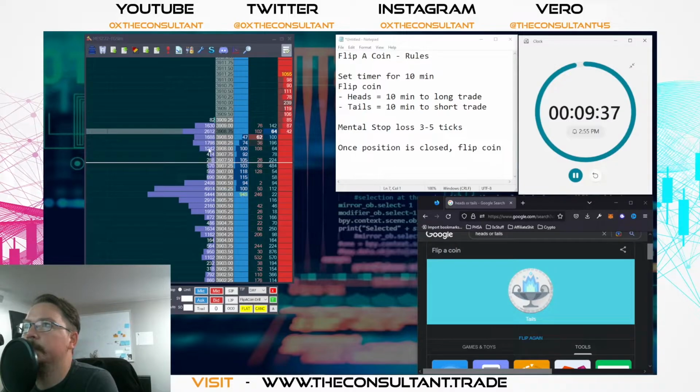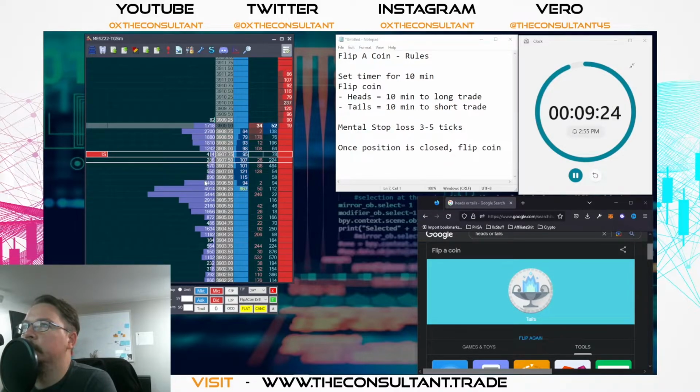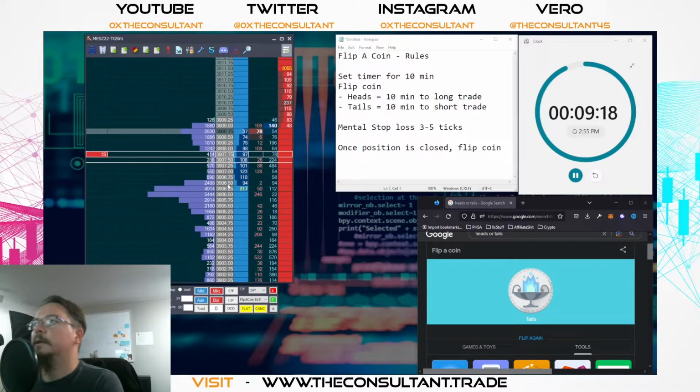It's this little step. We've also got a giant step here. So I'm gonna go short, see if we can fall off here, and I'm assuming this is definitely gonna be our wall if we get filled.